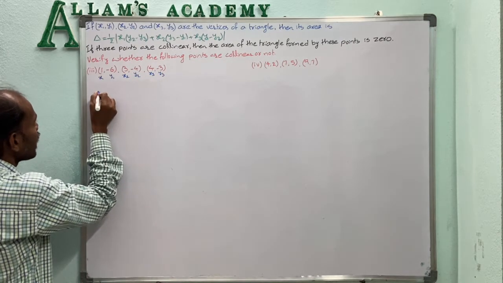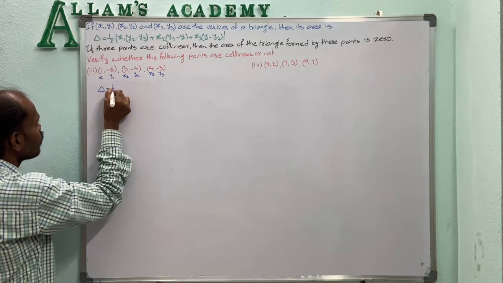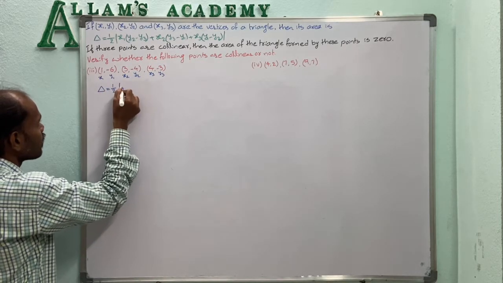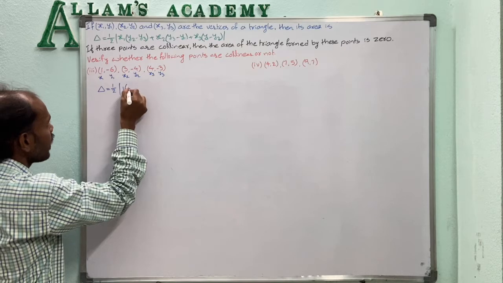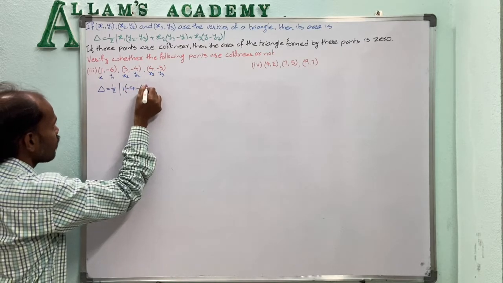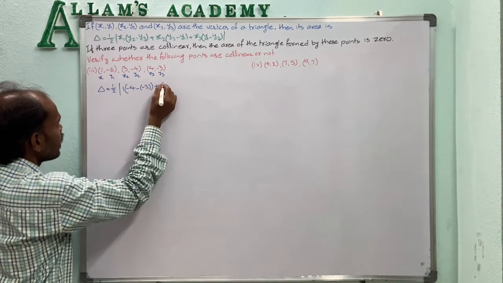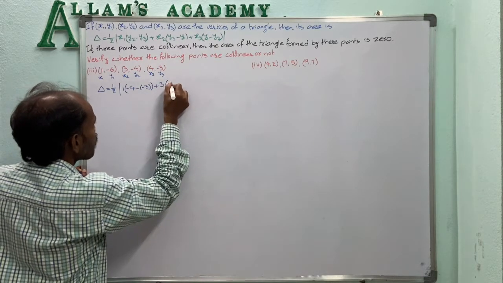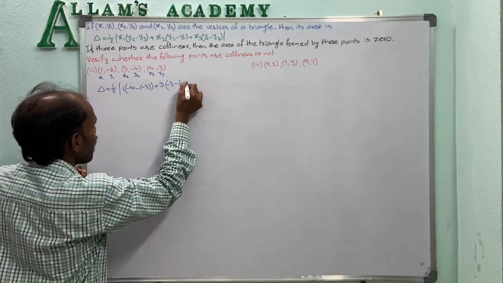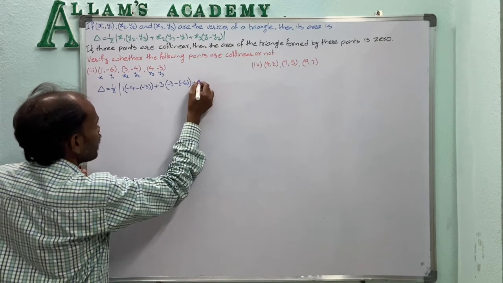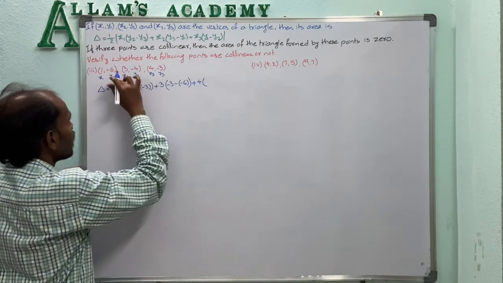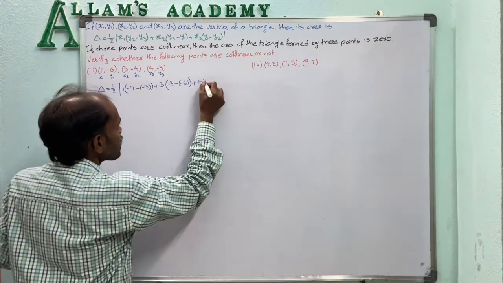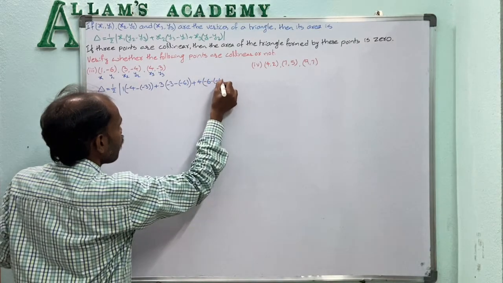Then the area of the triangle is equal to half mod of x1, 1 into (y2 minus y3), which is (minus 4 minus of minus 3), plus x2, 3 into (y3 minus y1), which is (minus 3 minus of minus 6), plus x3, 4 into (y1 minus y2), which is (minus 6 minus of minus 4).